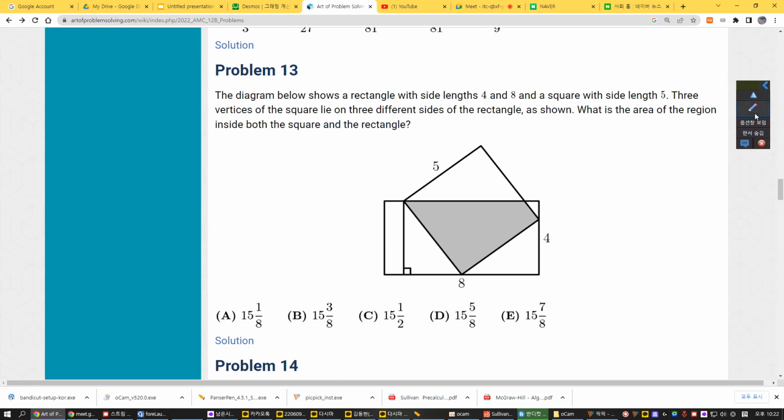For number 13, we can use the Pythagorean theorem because this is a square. So 5, 4, right?